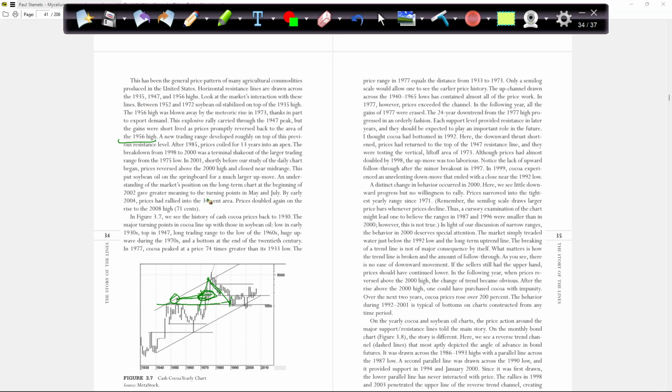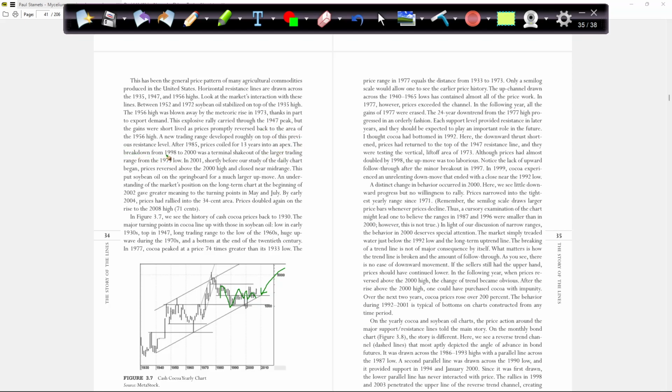A new trading range developed roughly on top of this previous resistance level after 1985. Prices coiled for 13 years into an apex. This is our apex, and prices were going up and down in this area between support and resistance lines.